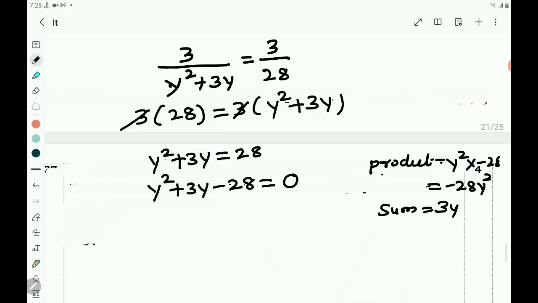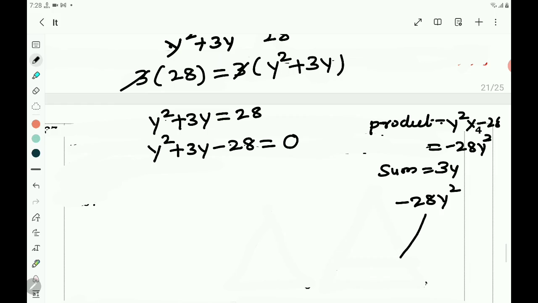As the product has a negative sign, the factors have different signs, and the greater factor has the sign of the sum, that is plus. So plus, minus. The first one is the greater factor, the second one is the smaller factor.